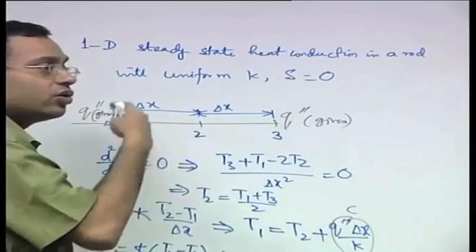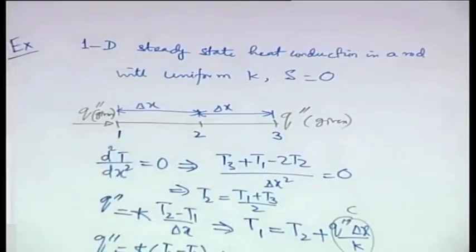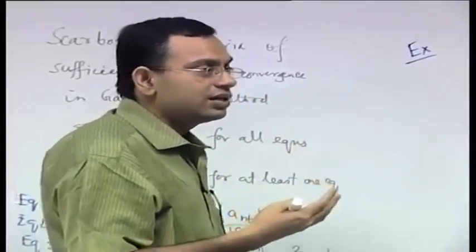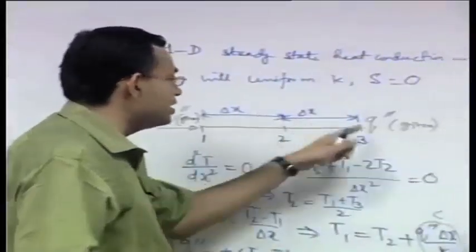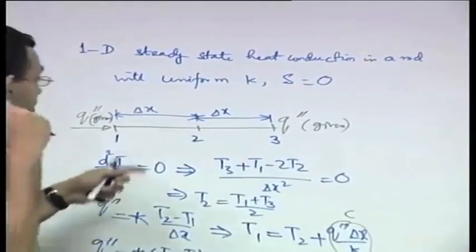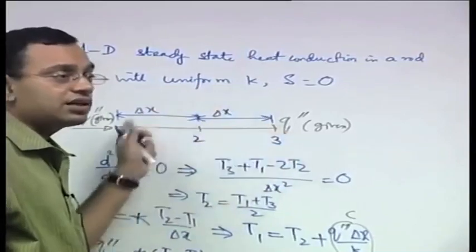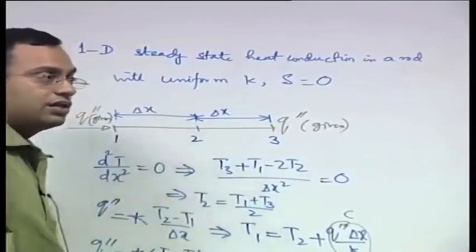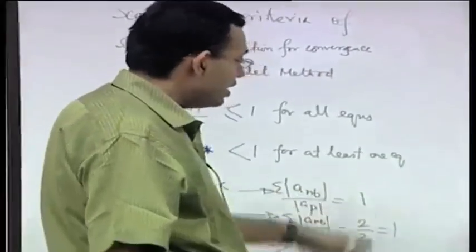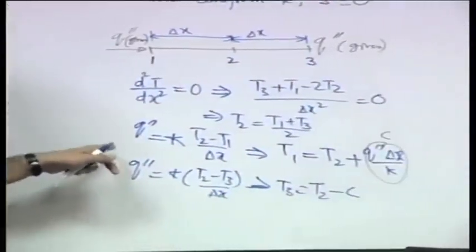It gives no additional, in the terminology of mathematics, no linearly independent boundary condition. If you say that these two heat fluxes are different, then of course you are violating the basic physics of steady state heat transfer. So this is an ill-posed problem that we have already figured out.